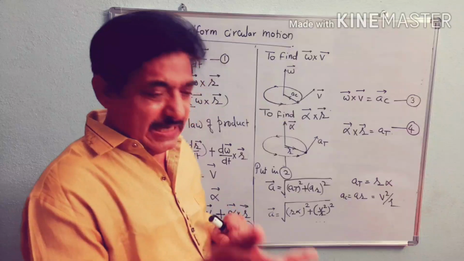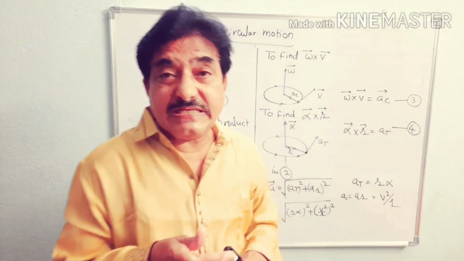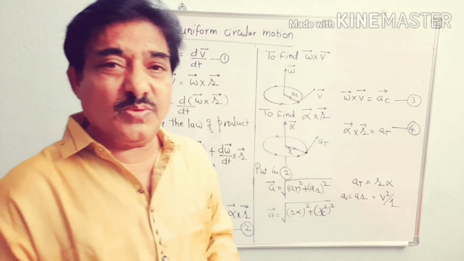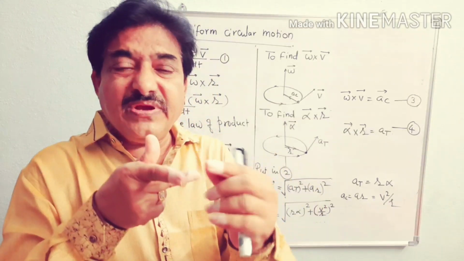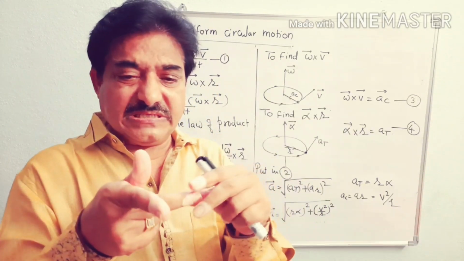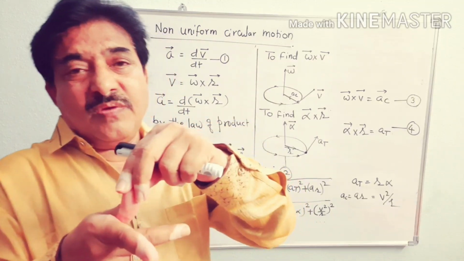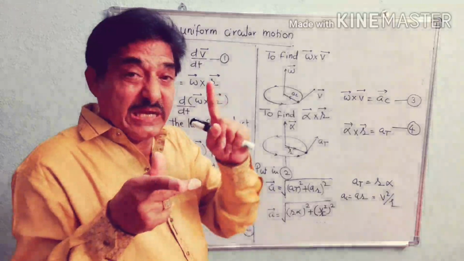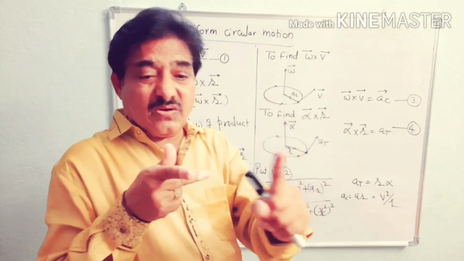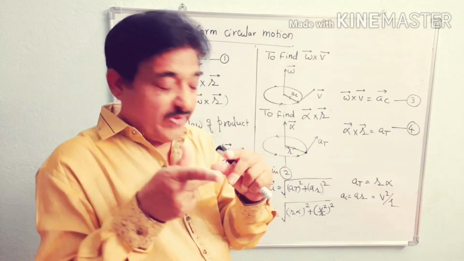Here again the direction of tangential acceleration is obtained by the right hand rule. Stretch three fingers of the right hand, forefinger, central finger and thumb, mutually perpendicular to each other, and assign one physical quantity along each finger.